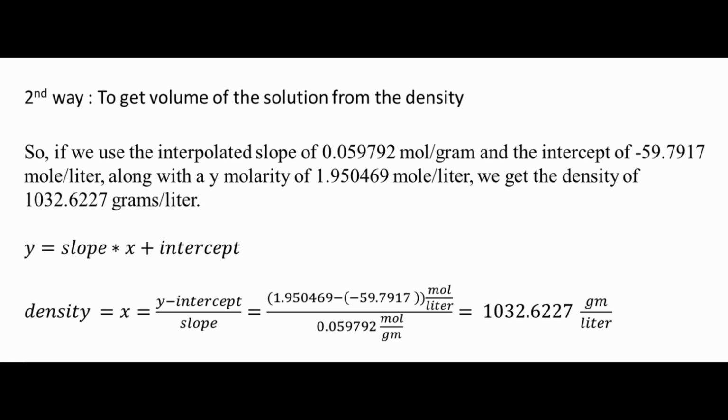If Y equals the slope times X plus intercept, density equals X equals Y minus intercept divided by slope equals 1.950469 minus negative 59.7917 moles per liter divided by 0.059792 moles per gram equals 1032.6227 grams per liter.